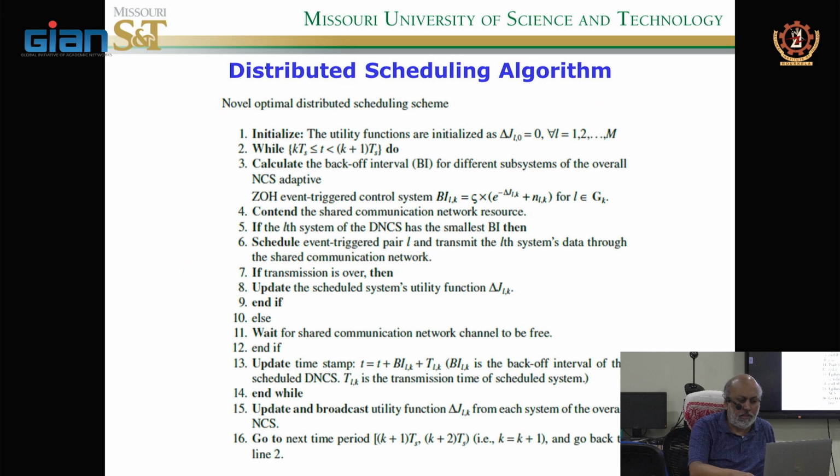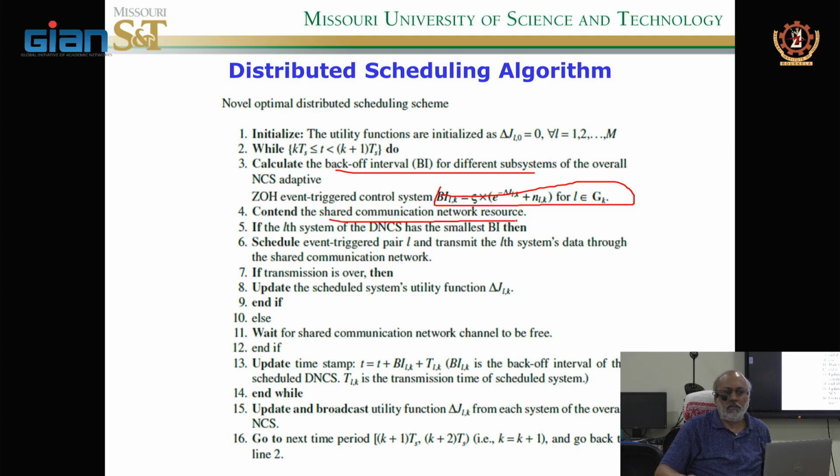And that basically makes the decision that you will transmit. All right? So here is the actual algorithm, algorithm 8.3. Okay, the 8.3 which is the same. So what you are doing is, for a given sampling interval, you calculate the back-off interval for all of them, for different subsystems, based on this equation. Then all the subsystems are contending for the communication resource.